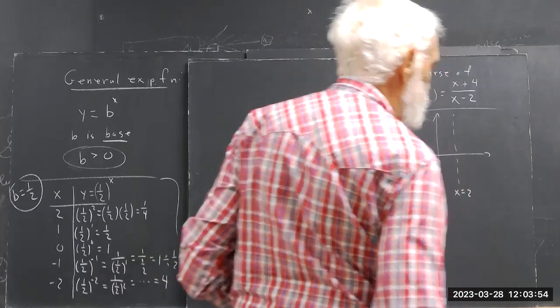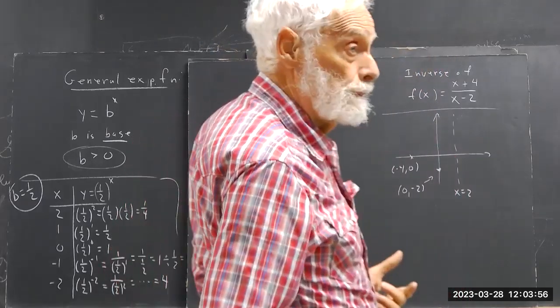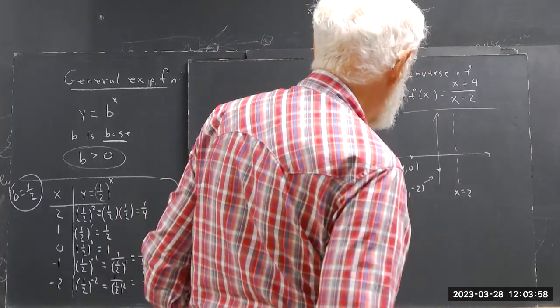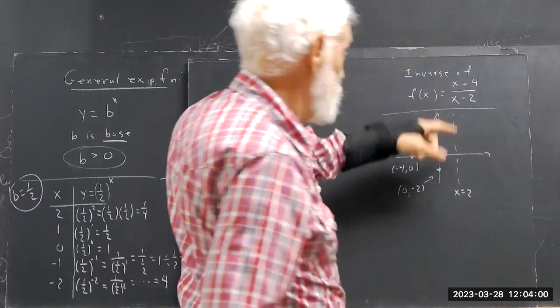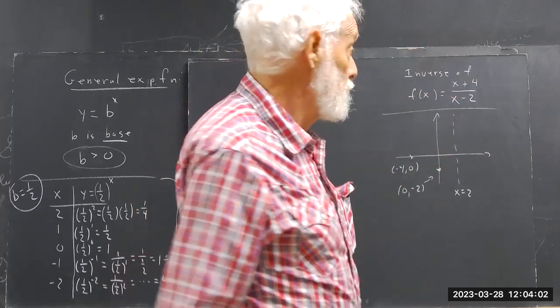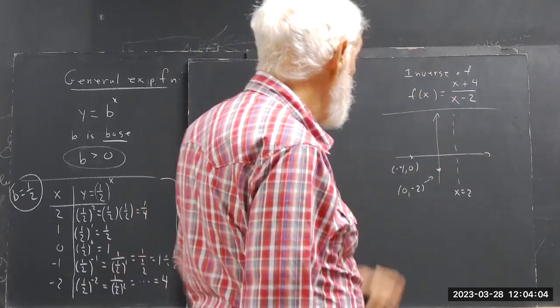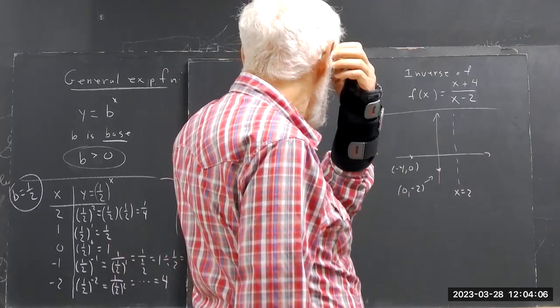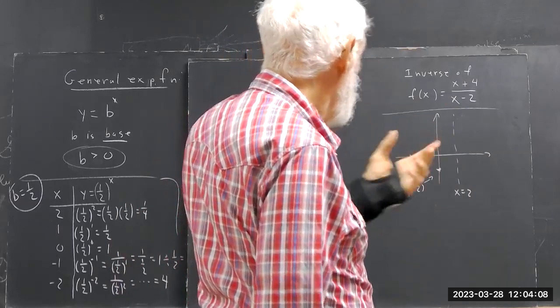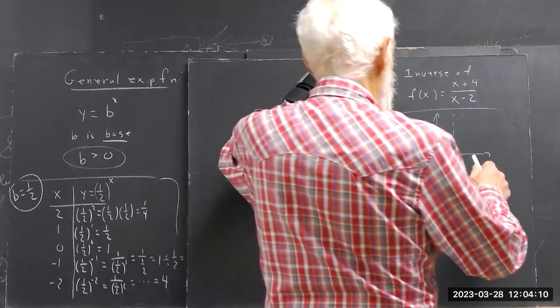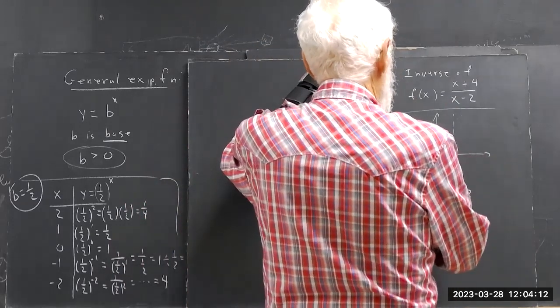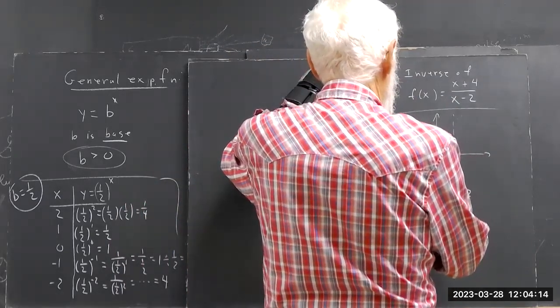It also has a slant asymptote. And I'm not going to compute that, we do a long division and so forth. And then the long run behavior, which is that in the long run, x approaches y.